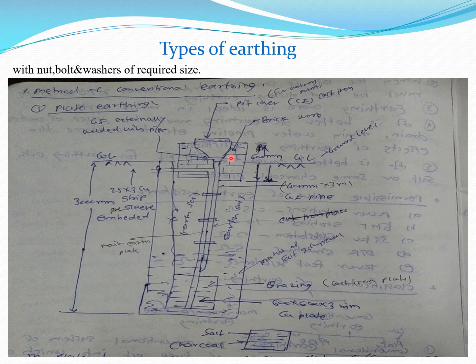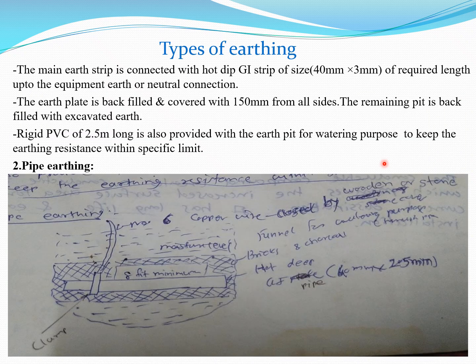From this earthing system, the wire is taken which is used for the earthing in your home or in your industry. The main earth strip is connected with a GI strip of size 40 by 3 of required length up to the equipment earth for neutral connection.